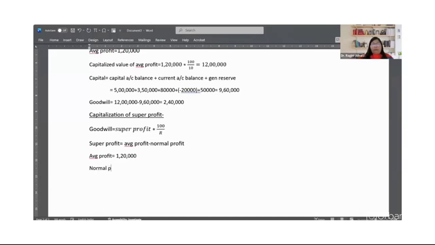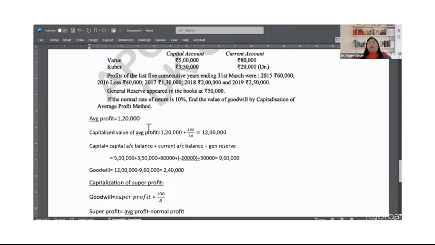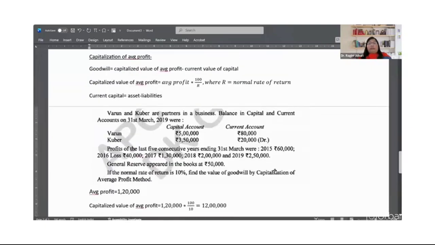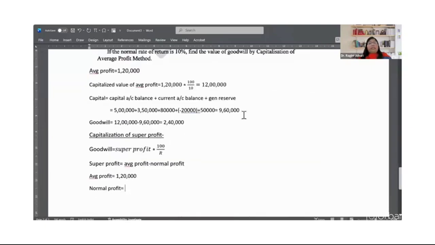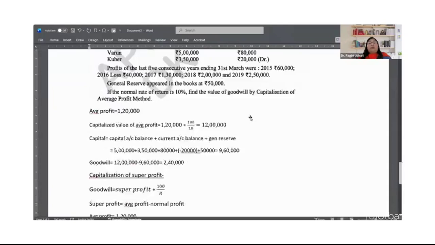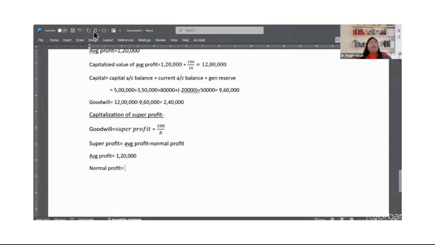And normal profit will be, since the value of capital is given to us as 9,60,000, into R upon 100. So this would be 9,60,000 into 10 upon 100. How much do I get here? This becomes 96,000.